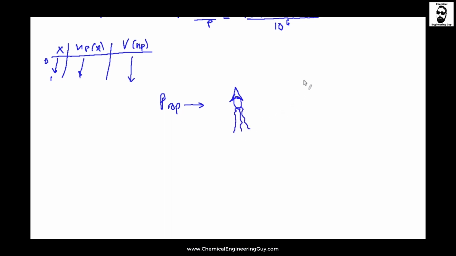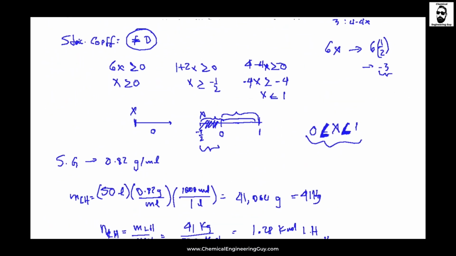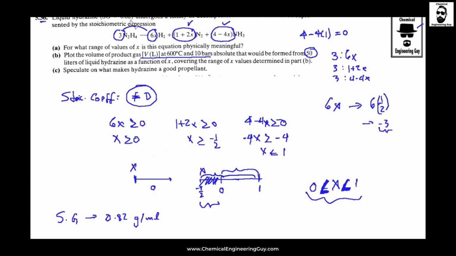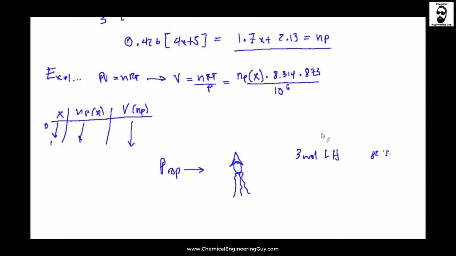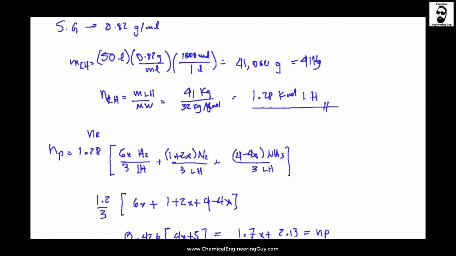So I think it's very, very good, because for each 3 moles of liquid hydrazine, which does not occupy that much space, actually specific gravity is 82% that of water. So we got, let's say, 1 liter. It will be a little bit more, let me just check here. Let's use actual values.